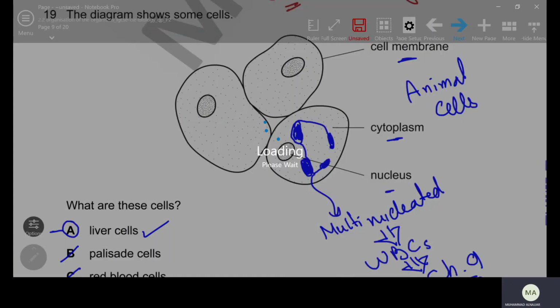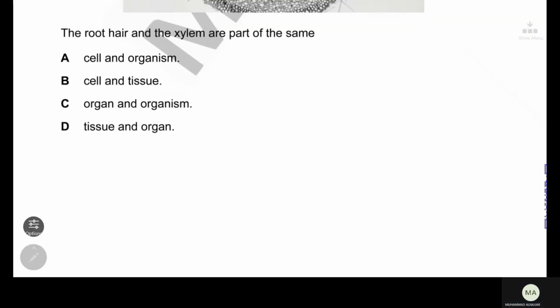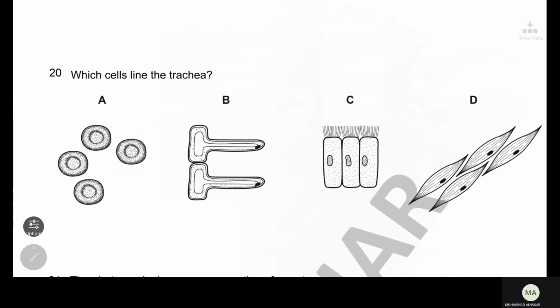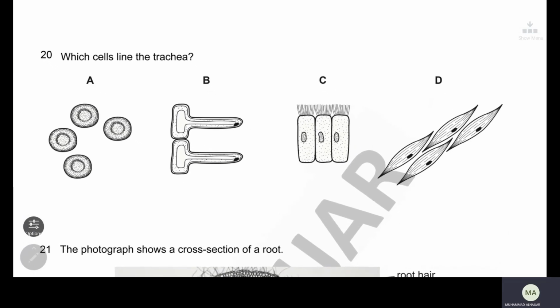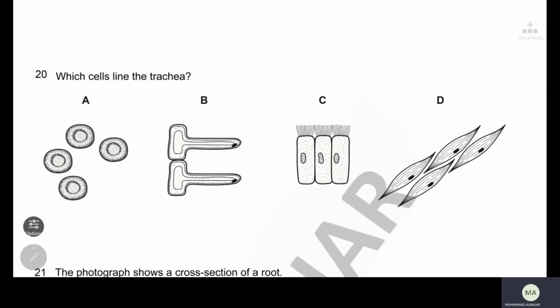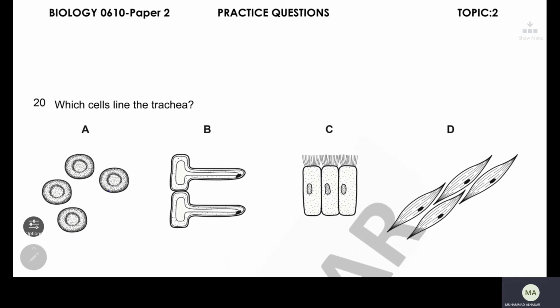Question number 20. Which cells line the trachea? We know that the trachea is lined by cells that waft out the mucus. If you label the diagram, the question is automatically answered.